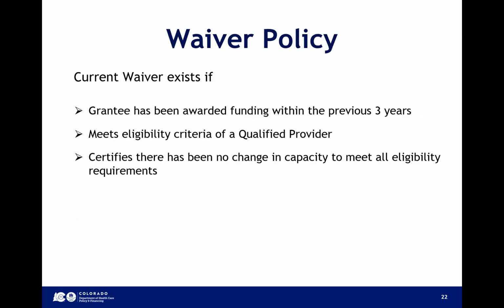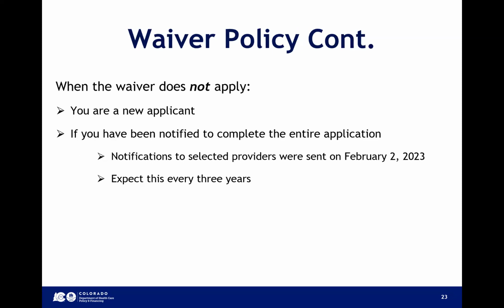The waiver tab: HCPF offers a waiver that allows clinics to waive answering questions 3 through 6 of the application. Agencies can use the waiver if they have been awarded funding within the previous 3 years, if they meet the eligibility criteria of a qualified provider, and if they certify that there has been no changes in the capacity to meet all eligibility requirements.